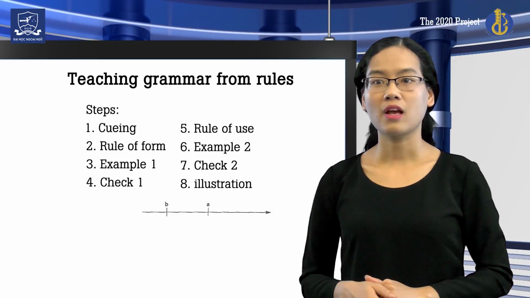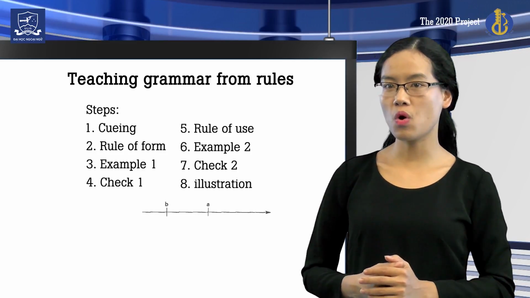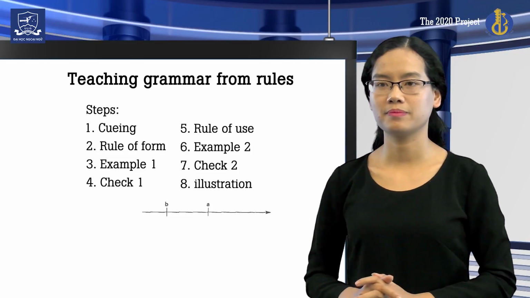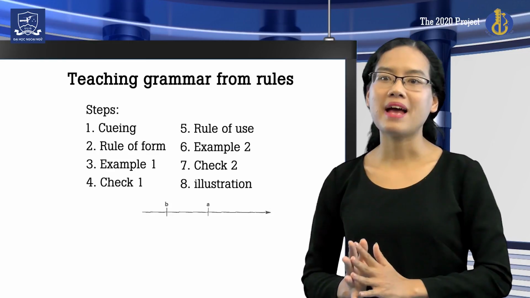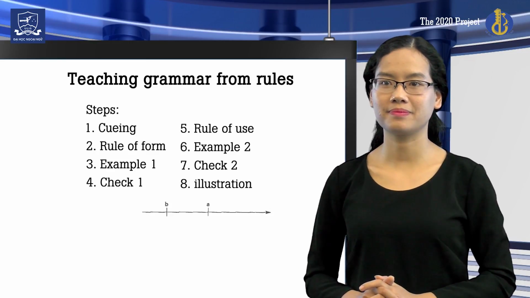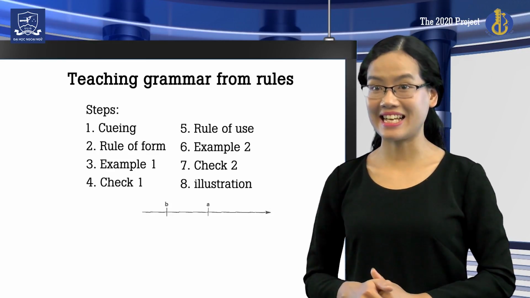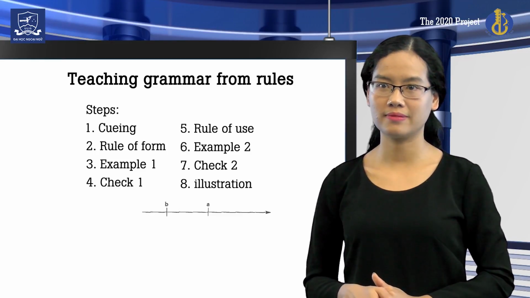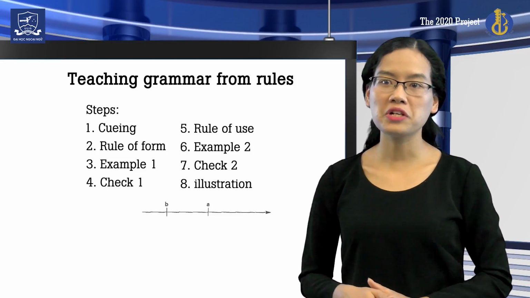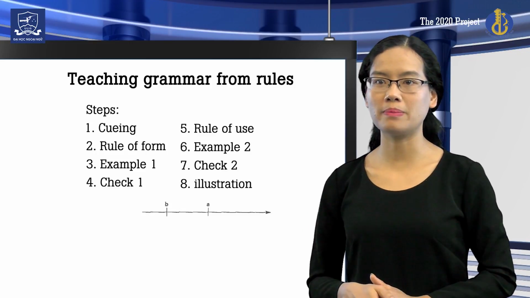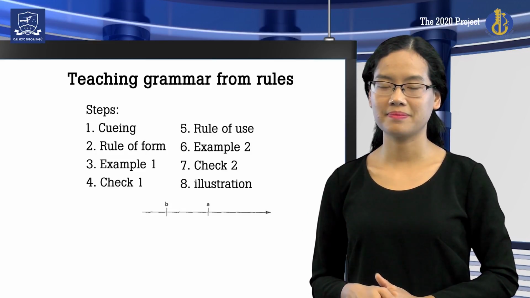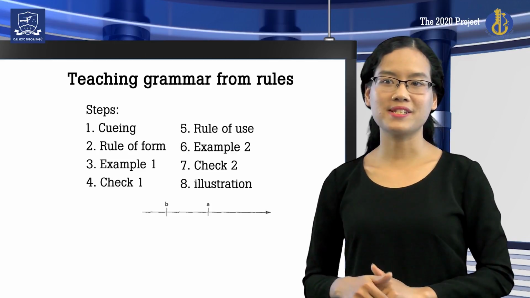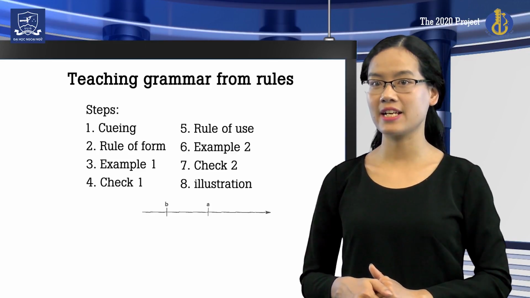Teacher says, for example, everyone had laughed, or the film had started. Checking is essential to see whether students understand or not. Following the rule and example of form, the teacher may check: So, what's the past perfect of they go?